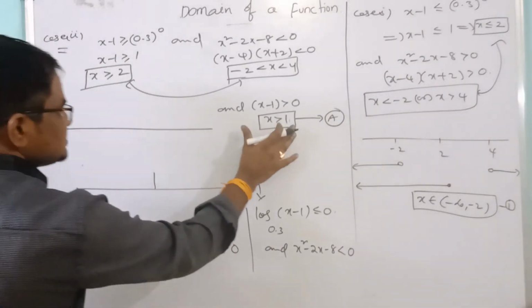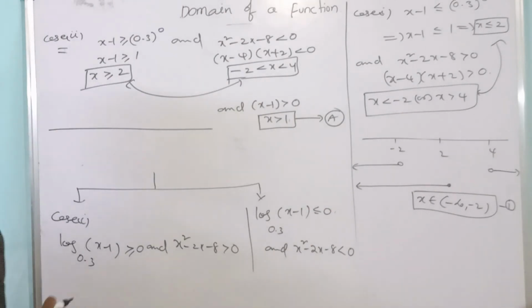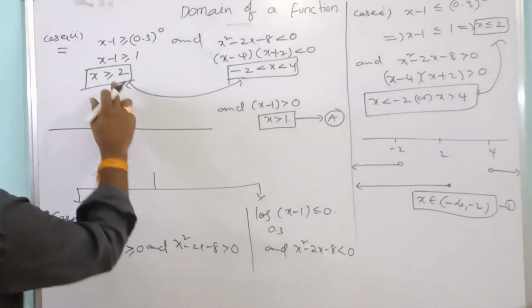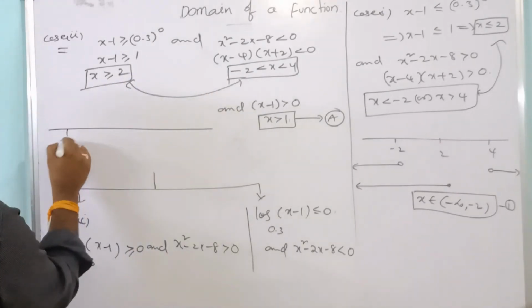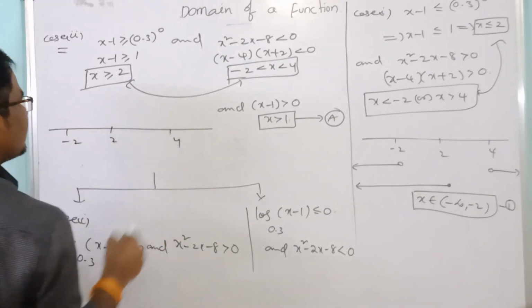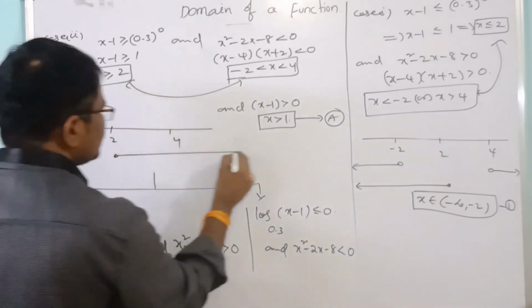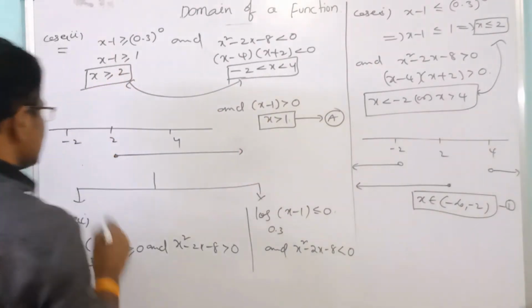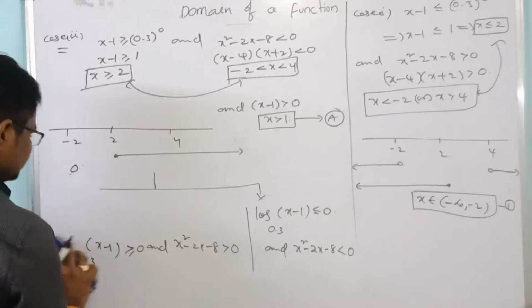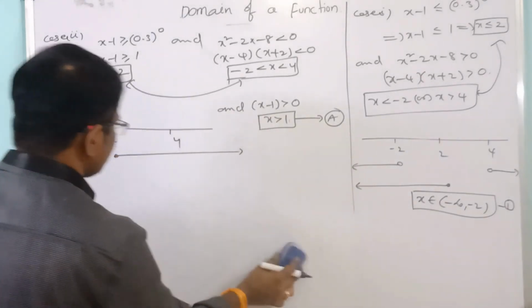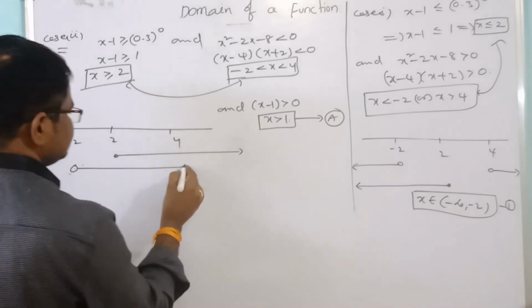Now this is from the main function. These two common areas, from the intersection of these two we have to take. This is minus 2, 2, 4, greater than or equal to 2. Next, the open interval minus 2 to 4, right?